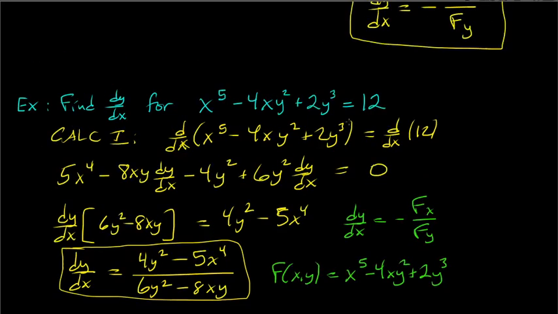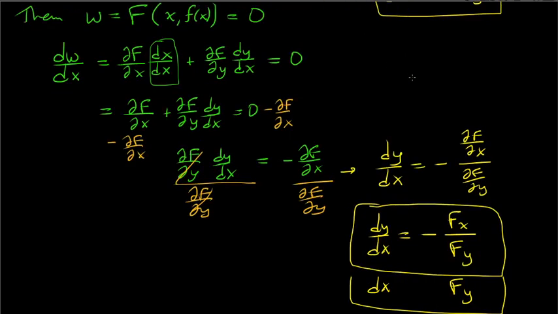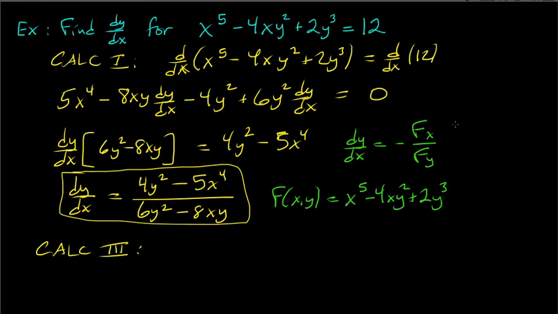Now you might say, wait a minute, originally this was equal to 12, not 0. That's a fair point, but we could also just subtract 12 from both sides, and then it does equal 0. So it turns out that the constant 12 didn't matter. When you take the derivative of 12, you're just going to get 0, as we did right here as well.